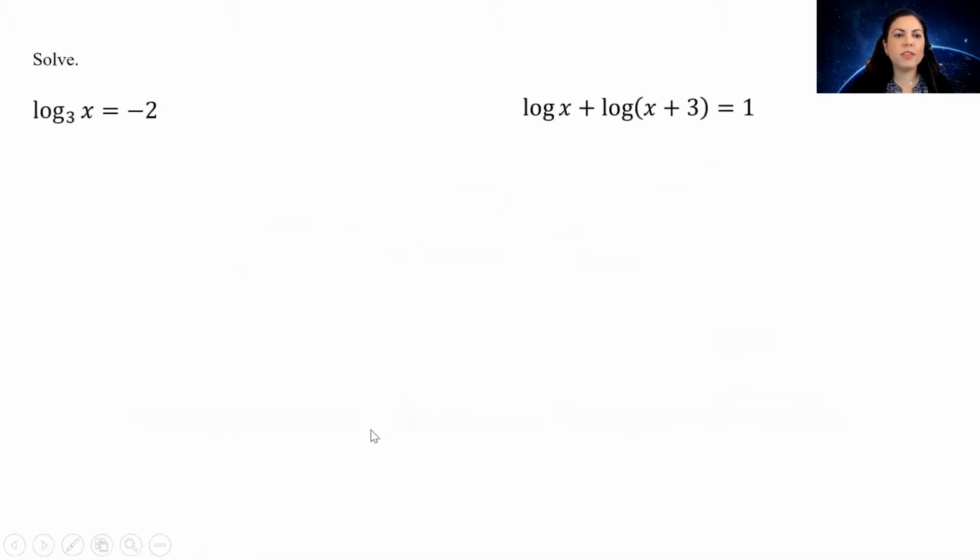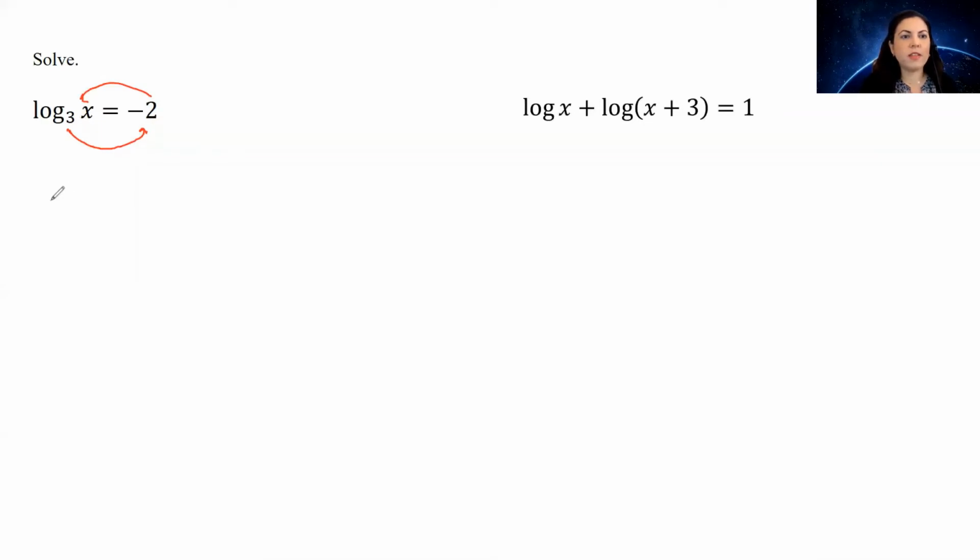For my first example, I want to solve log base 3 of x equals -2. We already have it here as a single logarithm. There's no need to combine it in any way. So I can go ahead and write it in exponential form. That means this base 3 raised to this power equals x.